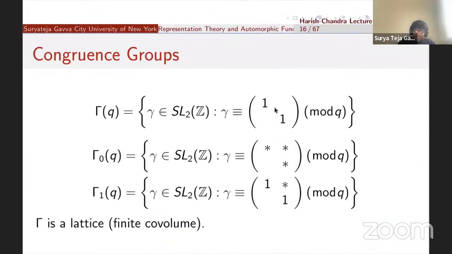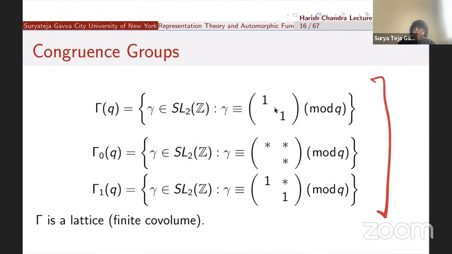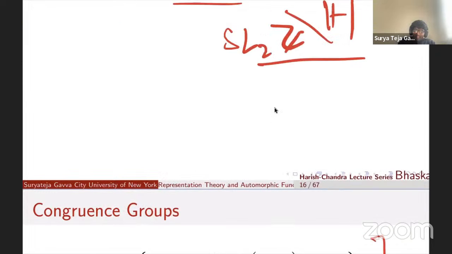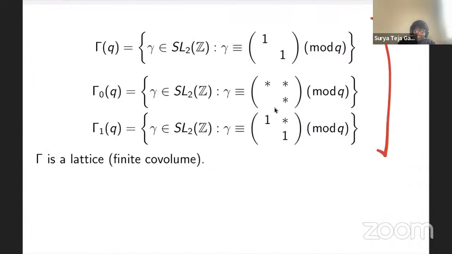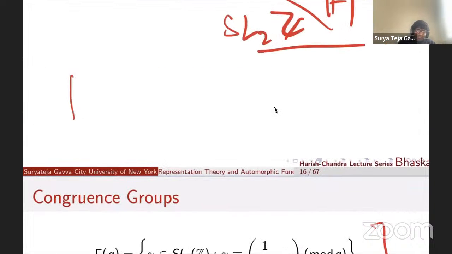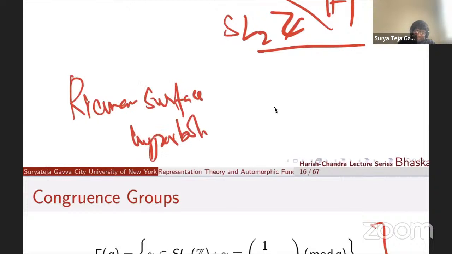In fact, all hyperbolic surfaces can be written as H mod gamma for some gamma.